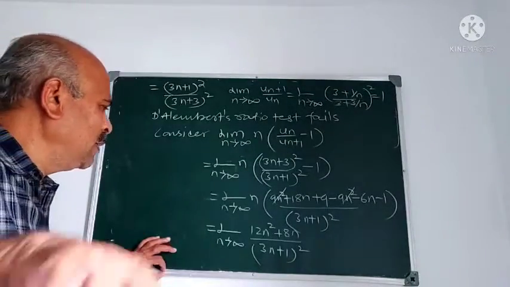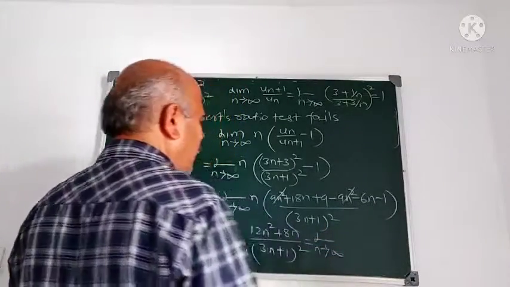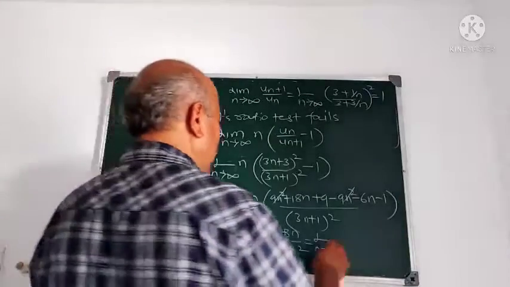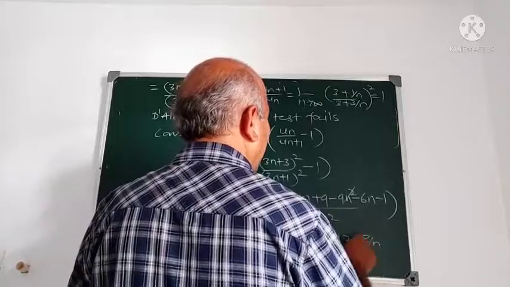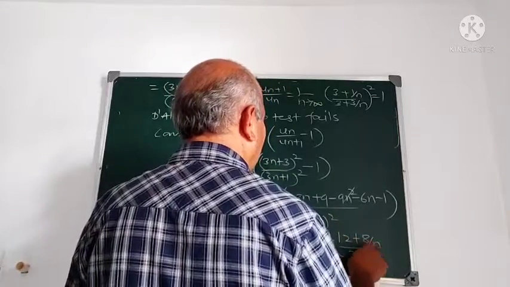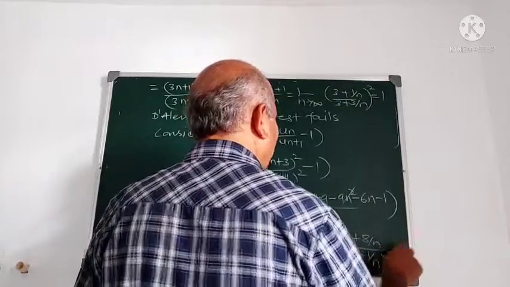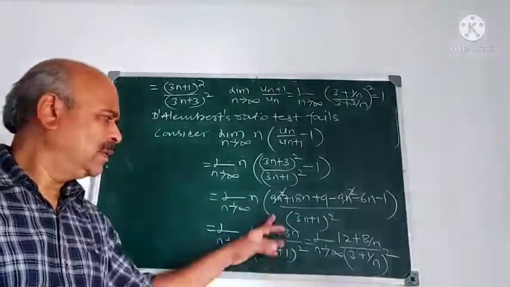Now take the limit. Divide numerator and denominator by n, we get 12 plus 8 by n divided by 3 plus 1 by n whole square, dividing by n square. Am I correct here? Verify.